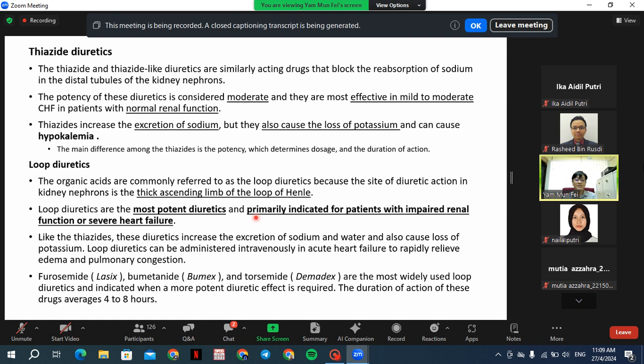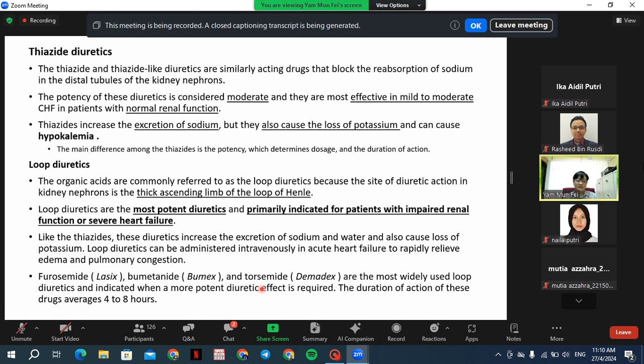It is suitable because the loop diuretic is the most potent diuretic. The acting site is the loop of Henle, compared to thiazide, whose acting site is the distal tubule. That's why just now I highlighted they have the same mechanism of action, only a different location.